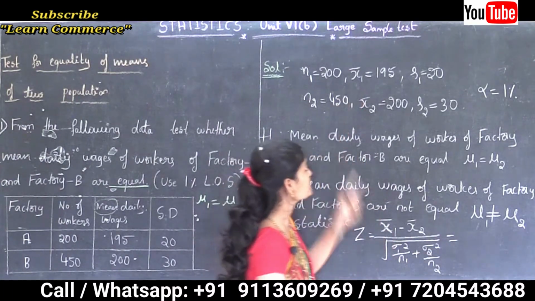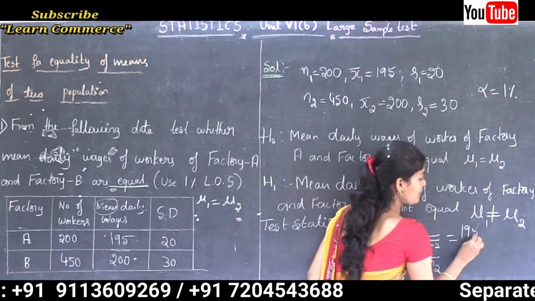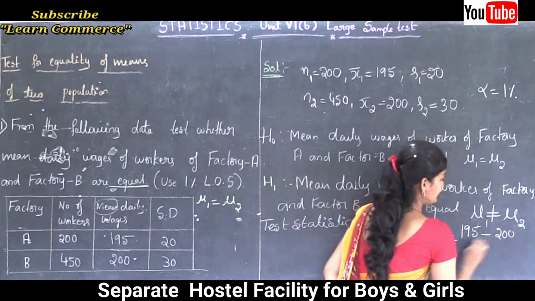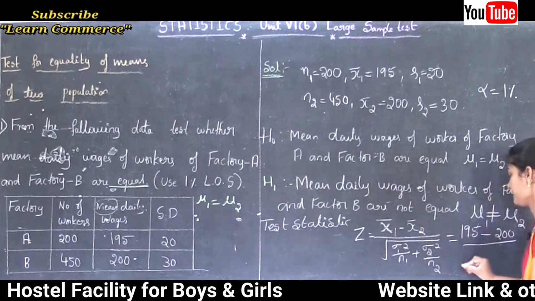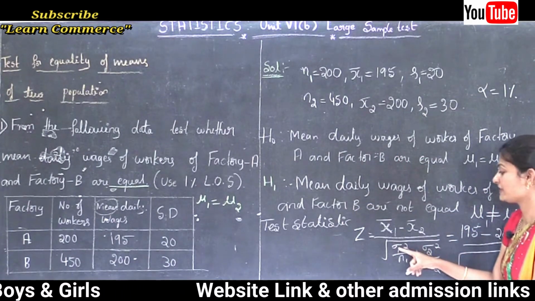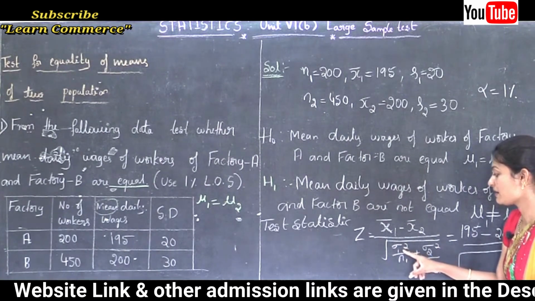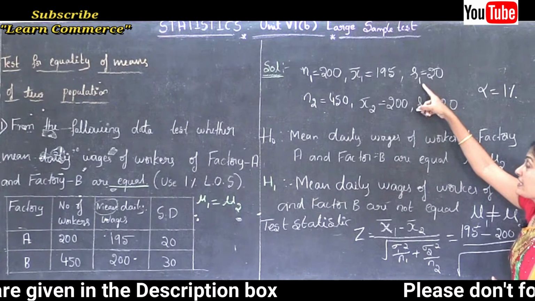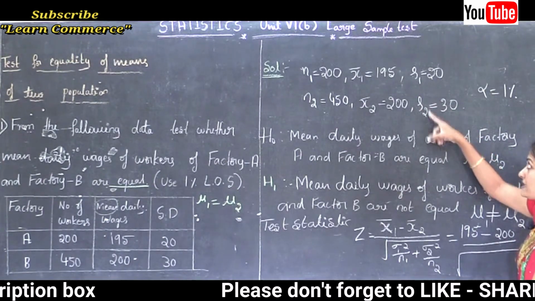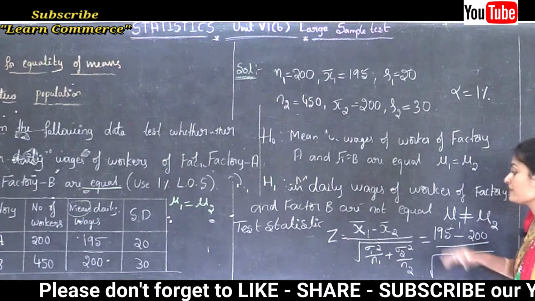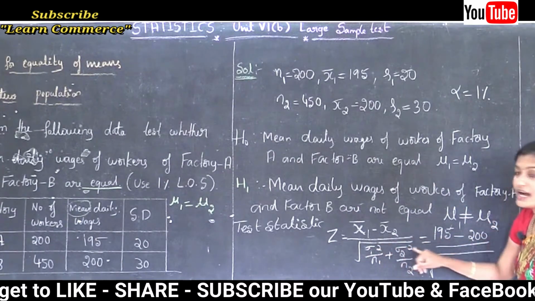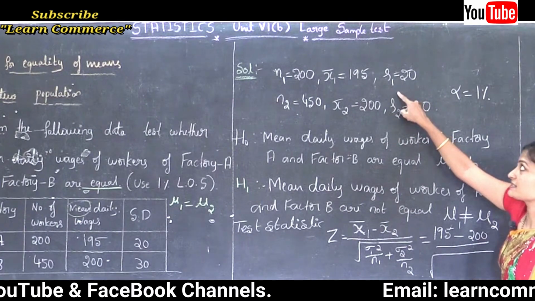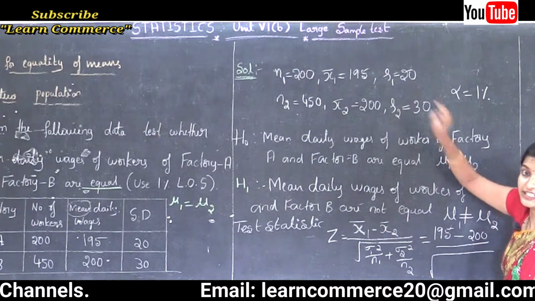Here x bar 1 is 195, minus x bar 2, which is 200, divided by the square root. In the formula we have sigma 1 square and sigma 2 square, but here the values given are small letter s1 and s2. So the sigmas are unknown values, therefore I will replace them by the sample standard deviations.